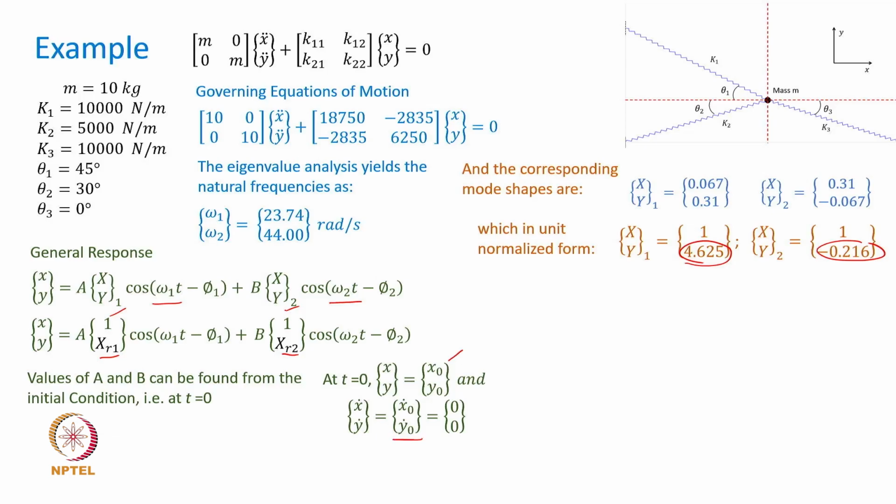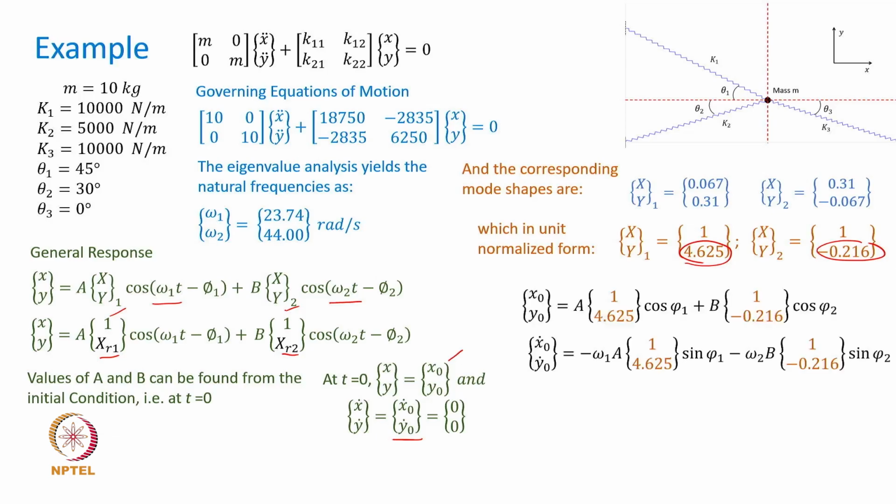So this is an assumption that the initial velocities are 0, and we simply release it from a specific xy position. If you use these expressions for initial conditions, you can write this equation in this form: at t equal to 0, omega 1 t and omega 2 t become 0, and you are left with cos phi 1 and cos phi 2 terms with the mode shapes replaced by the actual numeric values.